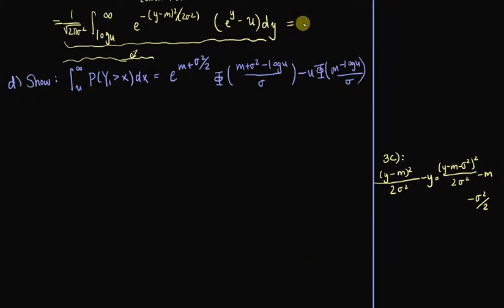Let's just write this equal to star, then we can just continue on star again. Star is equal to the integral from log u to infinity. Well, let's see what we have. We have the integral from log u to infinity over 1 divided by square root 2 pi sigma squared.